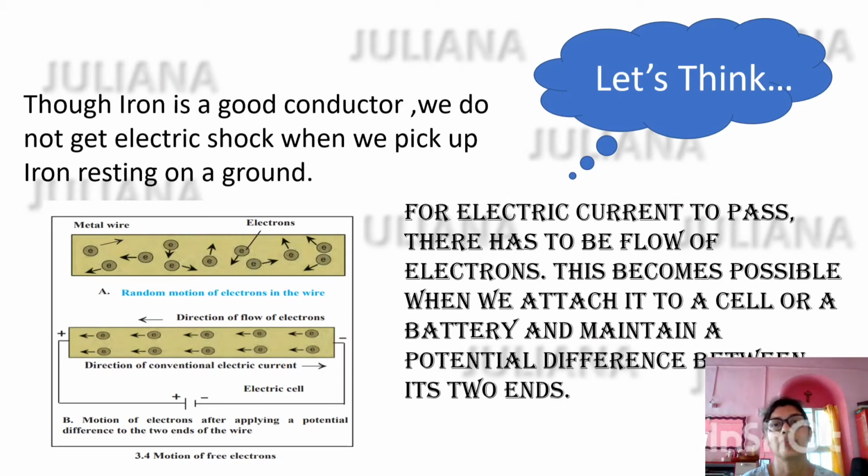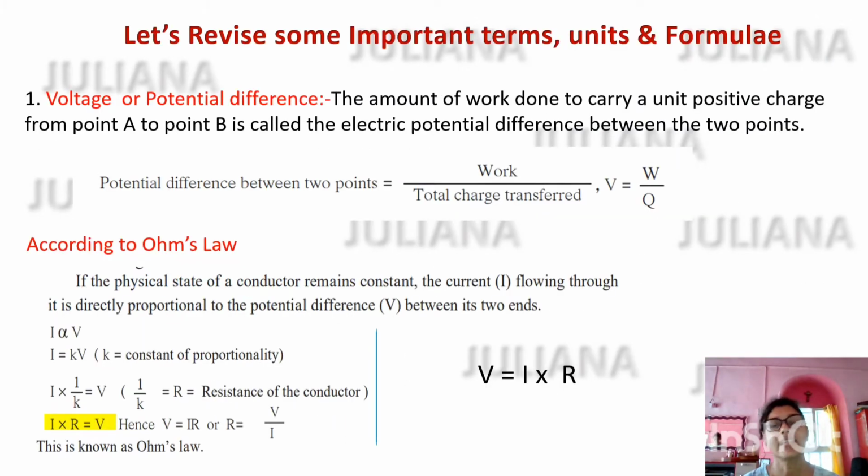So for electric current to pass, electrons have to move. There has to be a continuous flow of electrons, and that becomes possible when we connect it to a cell or a battery.